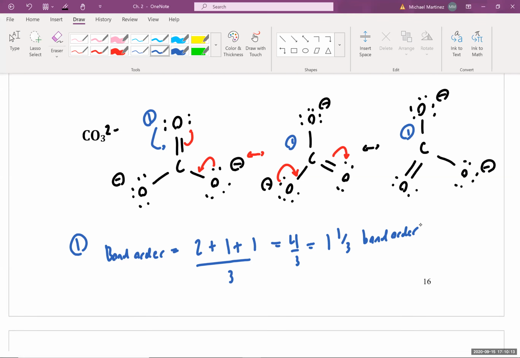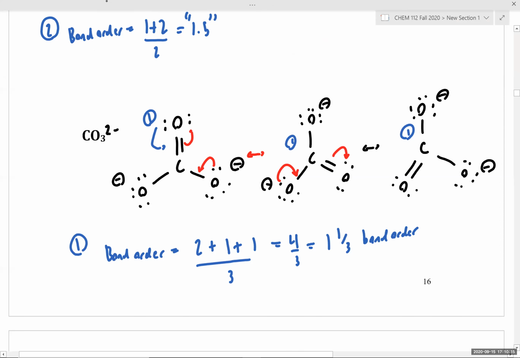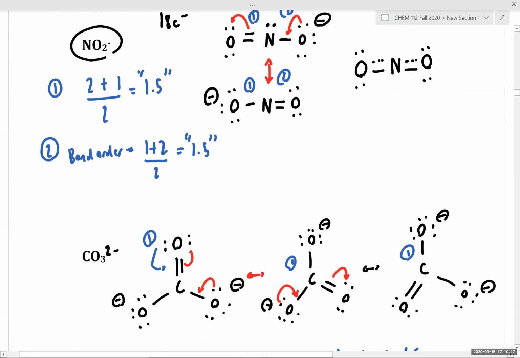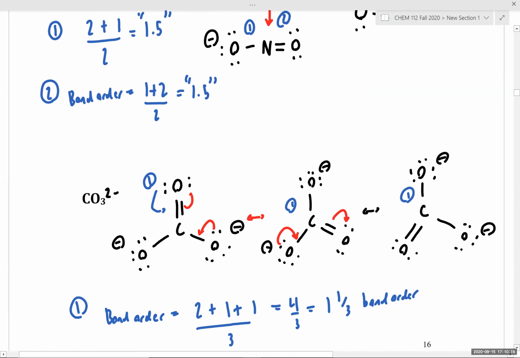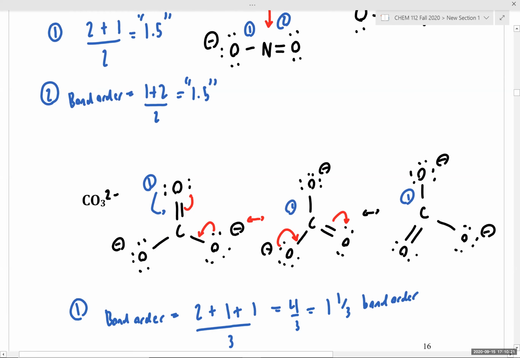So even though both of these compounds have fractional bond orders, we would expect this nitrogen-oxygen bond to be stronger because 1.5 is greater than 1 1/3.